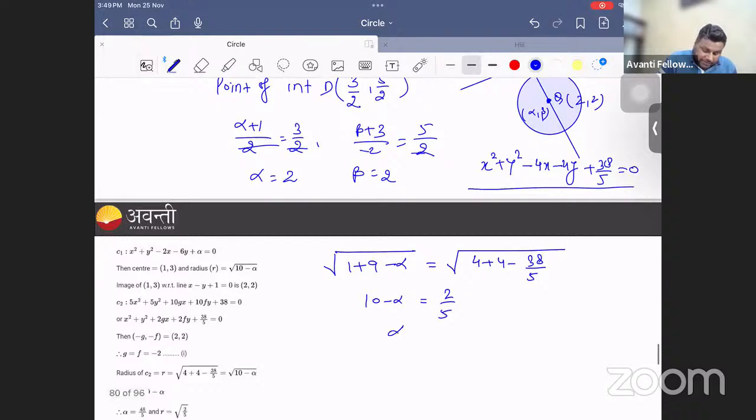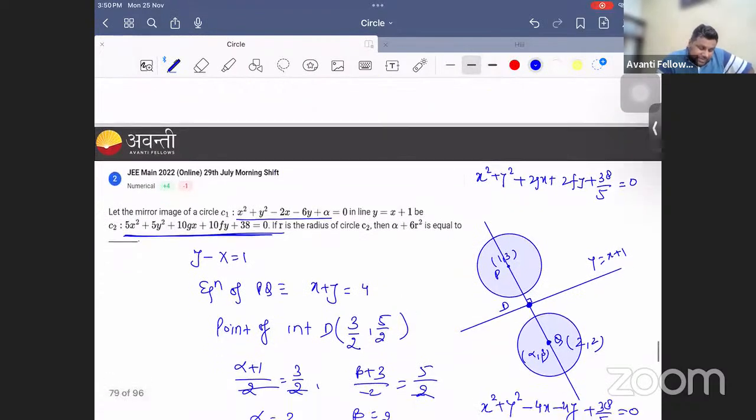So your alpha is 10 minus 2 by 5, that is 50 minus 2, 48 upon 5. Got it? So this is your alpha.